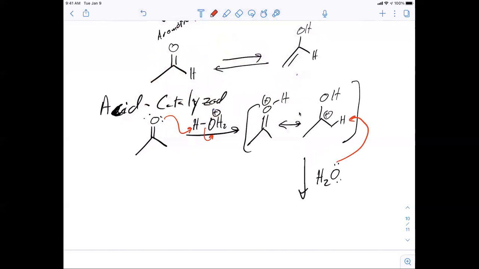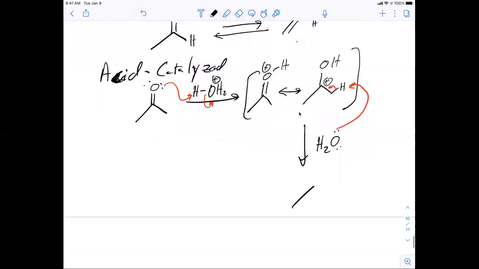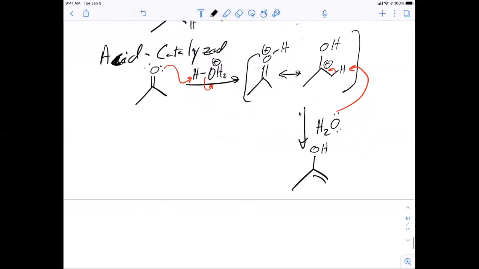Then this proton can be pulled off to get us to the enol. By adding a catalyst, we get this reaction to occur faster. It's still reversible, but we can get it to go faster. So think about this as an equilibrium process.